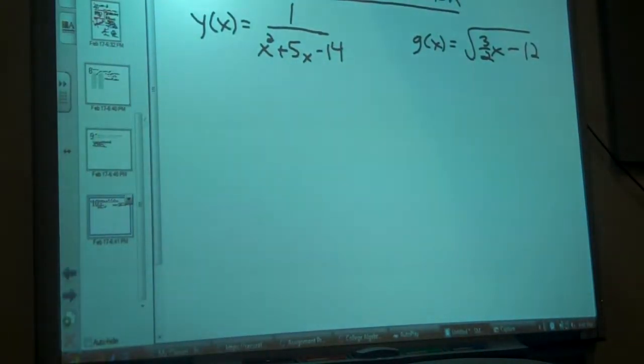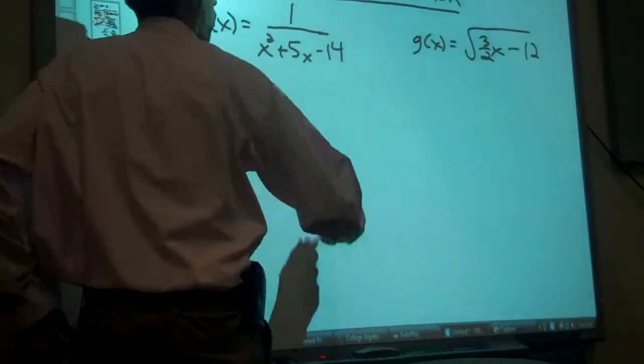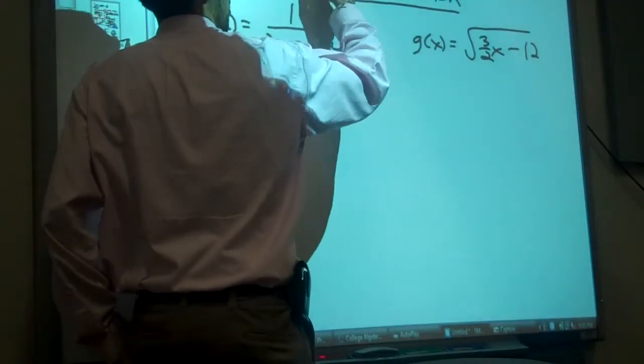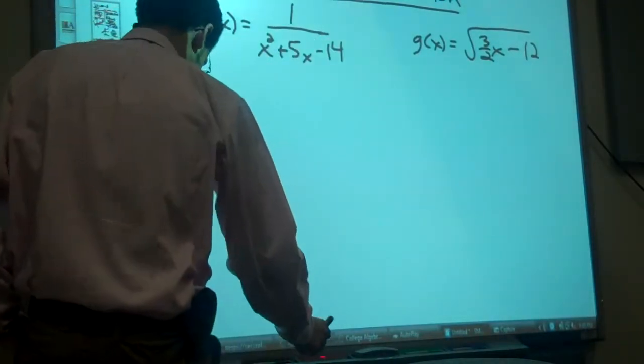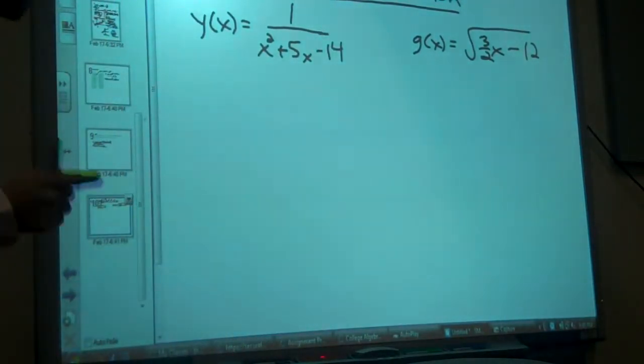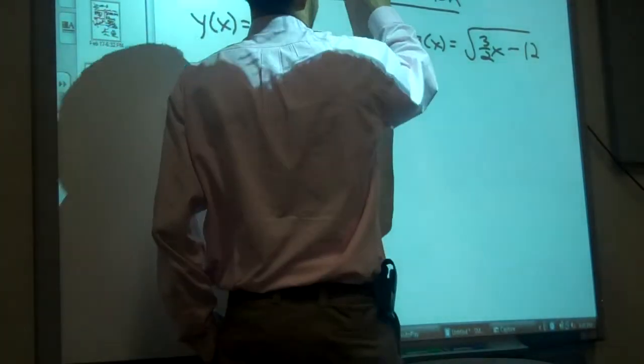Find the domain of the function. Remember what domain means. Domain means the inputs, the set of all inputs.